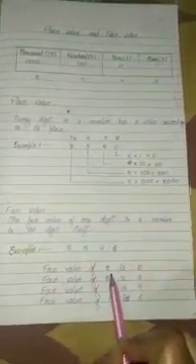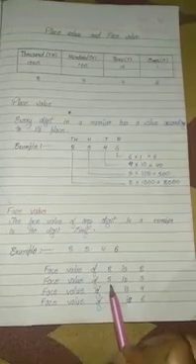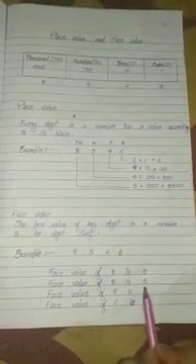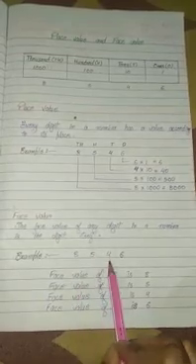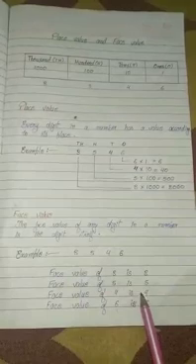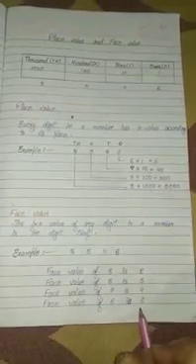The face value of 8 is itself 8. The face value of 5 is itself 5. The face value of 4 is itself 4. And the face value of 6 is itself 6.